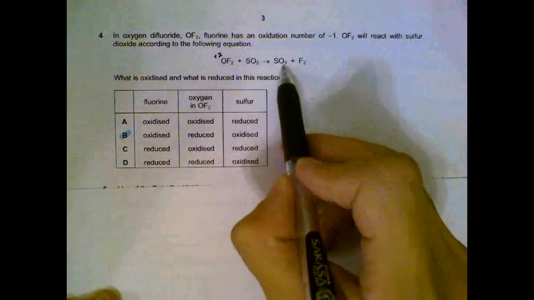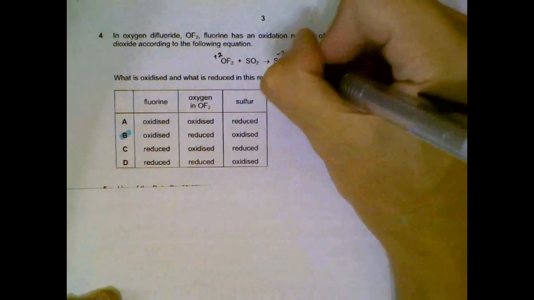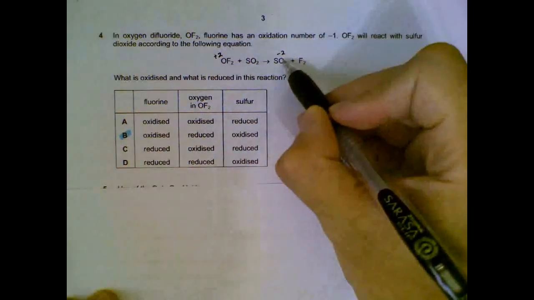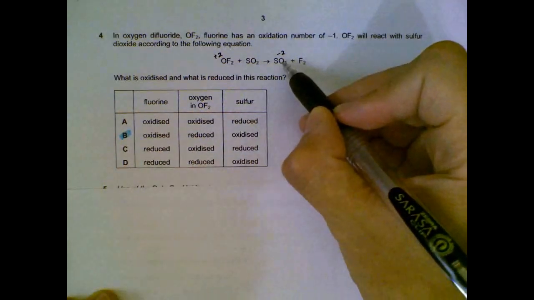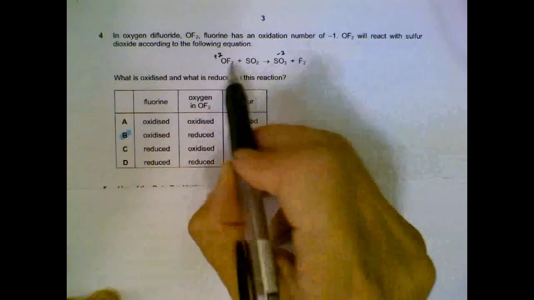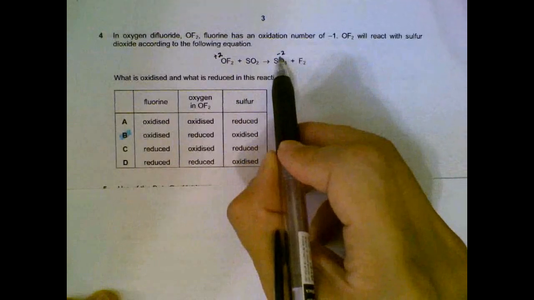And then compared to the other compound, the oxygen here will have -2 each. Be aware that I'm just calculating each oxygen, not the total. So do not put -6. So oxygen +2 becomes -2 oxidation state. It is reduced.